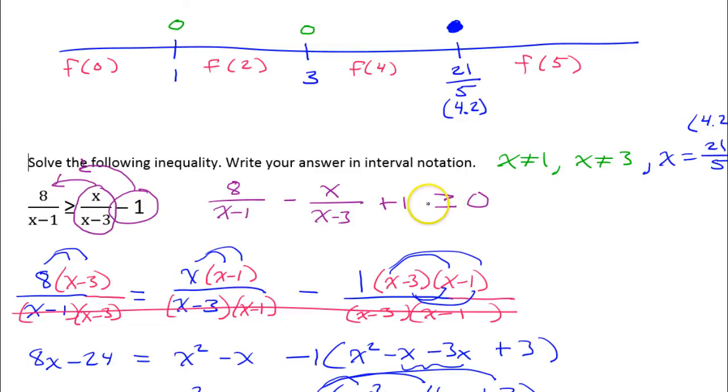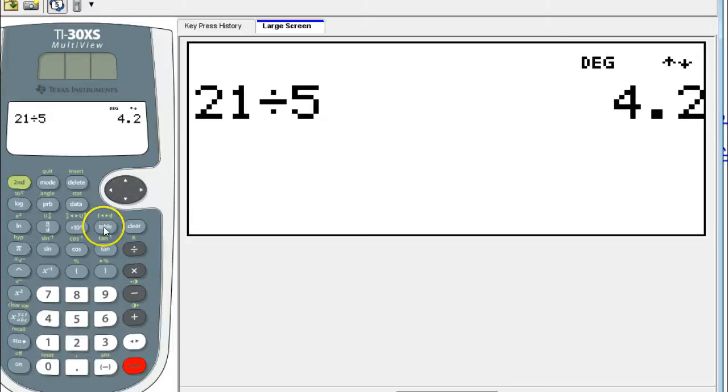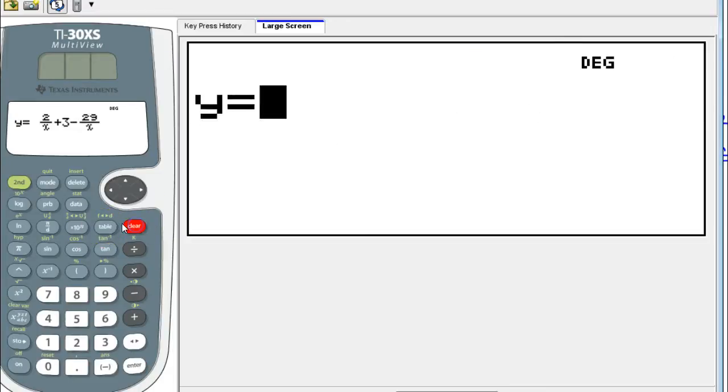This is what I recommend that you do anytime you have a variable on both sides. Just get everything on one side, get 0 on one side. It's going to make it much easier to compare using our calculator, because now we're just comparing to are they greater than or equal to 0. So I'm going to put this function now into my calculator using the table feature.